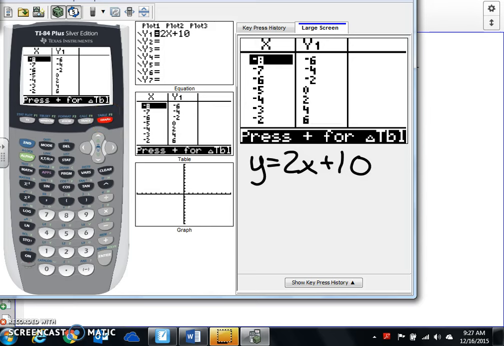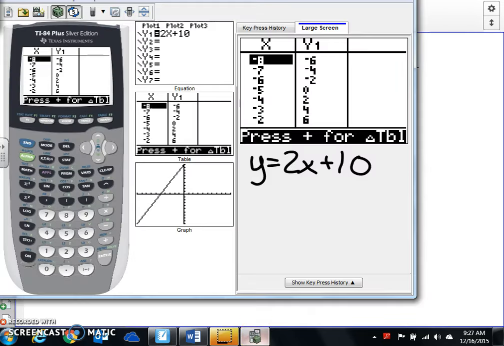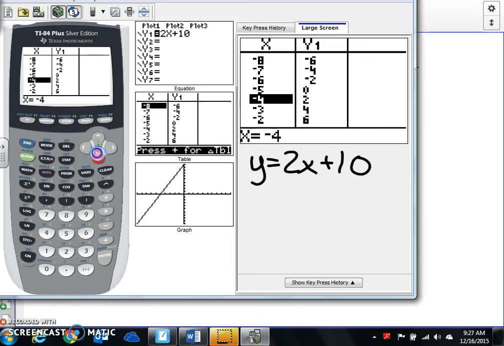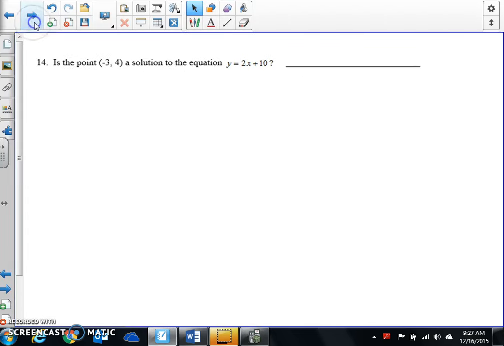And then they were asking me about, what point was it? -3, 4. So I can go to -3, and sure enough, -3, 4 is in my table. So yes, it does lie on that graph. Okay, so either one is fine. Do both, even better.